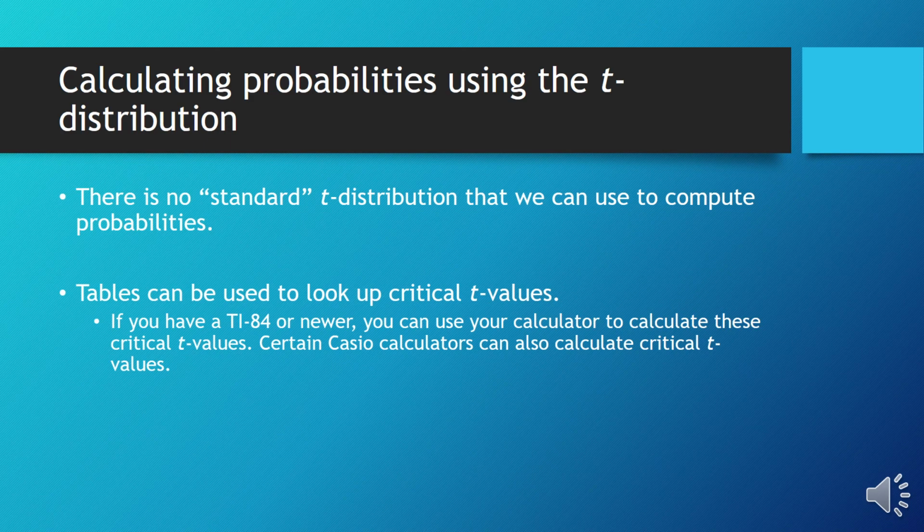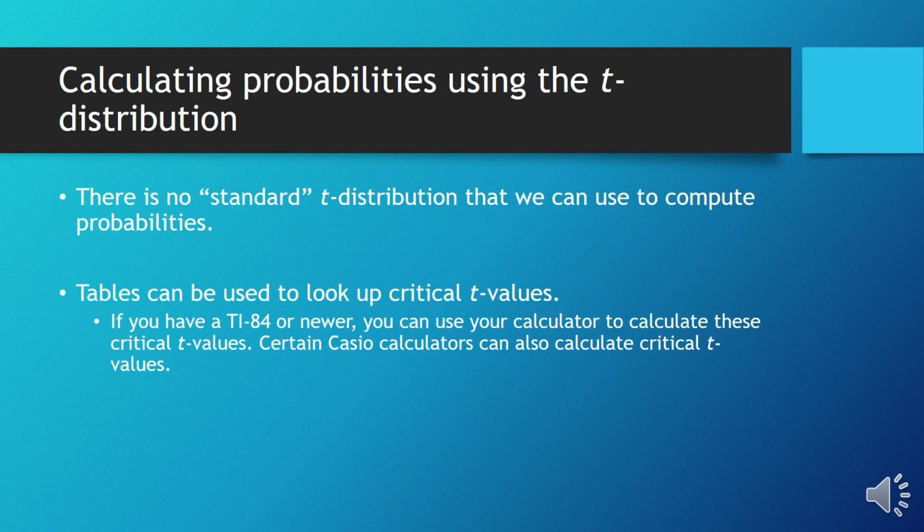Now, there's no standard t-distribution that we can use to compare probabilities the way there was with the standard normal distribution. We can do two things. We can use the table to look up critical t-values. Whenever you're calculating the margin of error, you'll need to use critical t-values, very similar to how we did with the standard normal distribution.